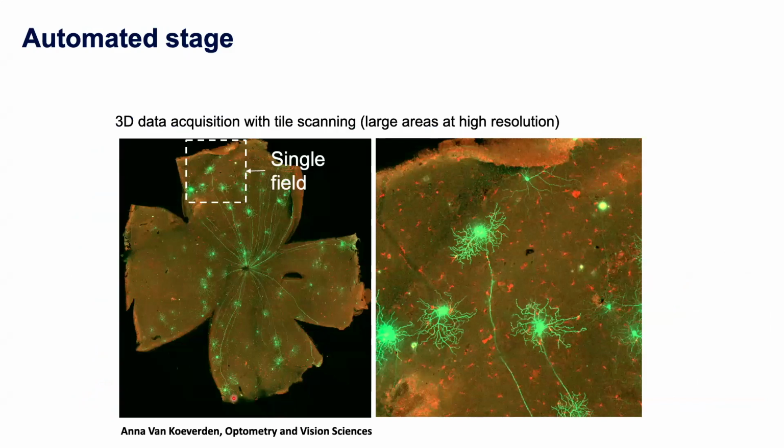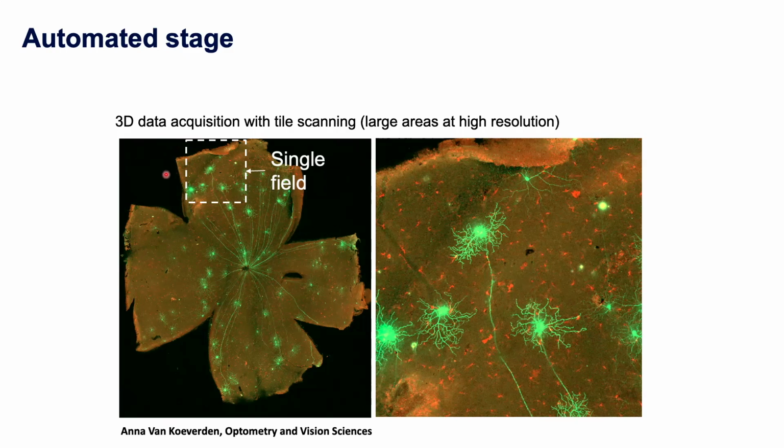Okay, so this is one example of the automated stage function. Here we have a single field of view which is taken at a lower magnification, which may be sufficient, but we can actually use a higher magnification lens to get good information. So this is an example of a single field of view, imaged at this resolution.